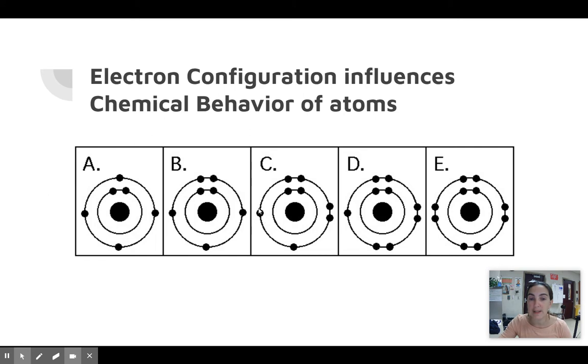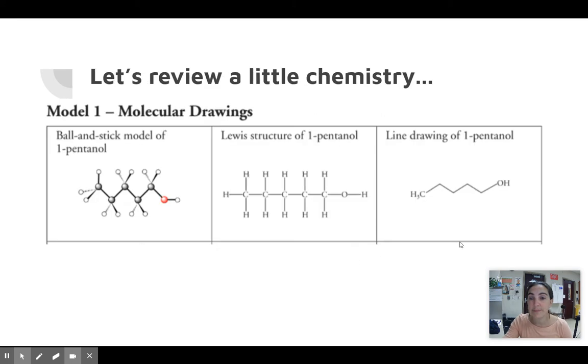There are 2 places where you have these single electrons. And those are the places where a bond can form. This atom needs 2 more electrons to complete its valence shell. Therefore, it will form 2 chemical bonds. Others, like letter D, only have 1 open spot in that outer level, so it's only going to form 1 chemical bond. So that's the chemical explanation for why different elements form different numbers of bonds.